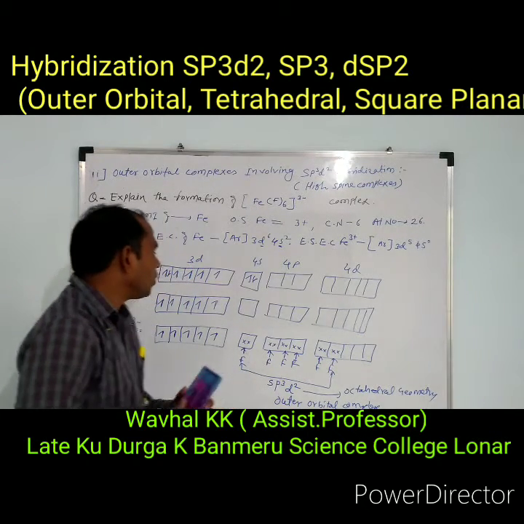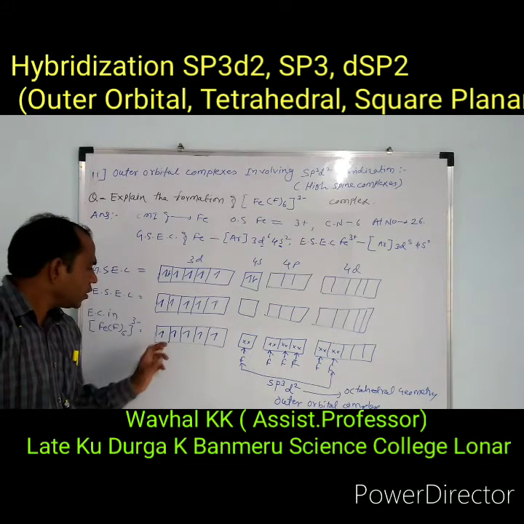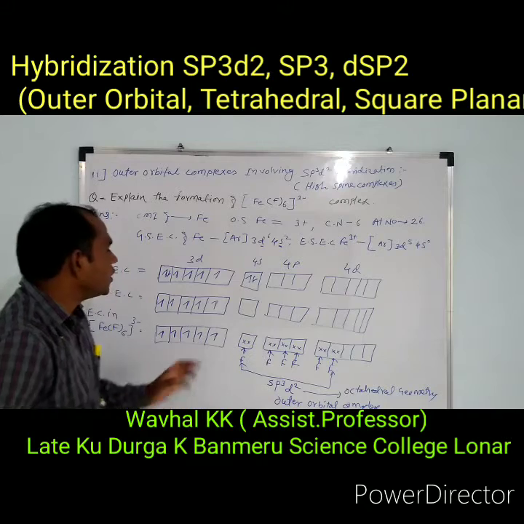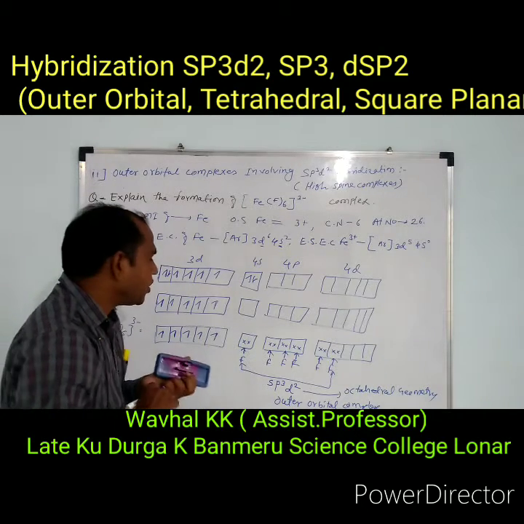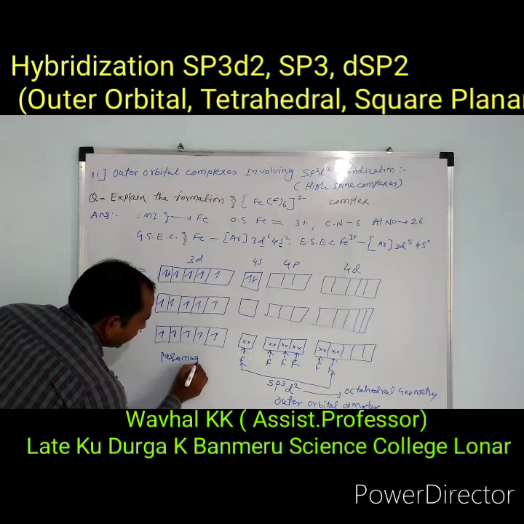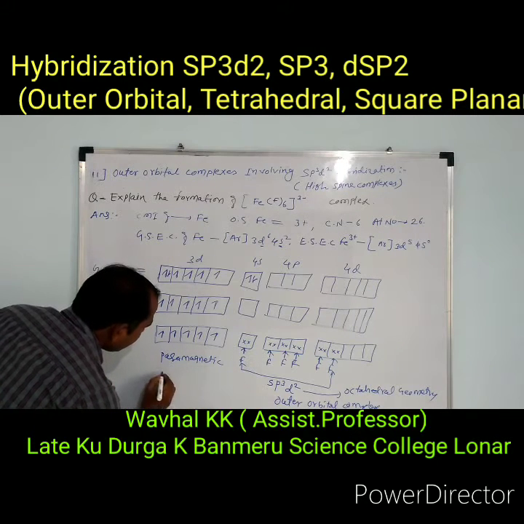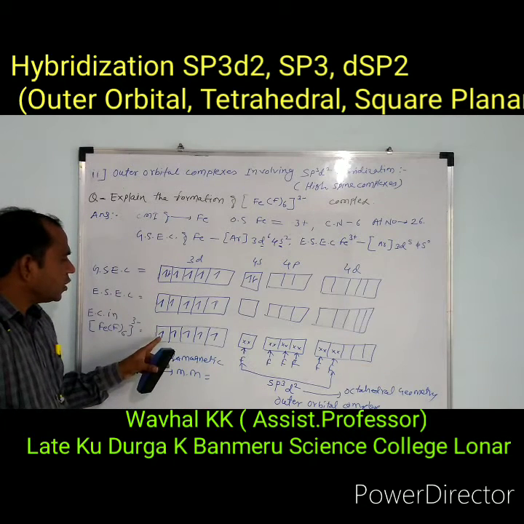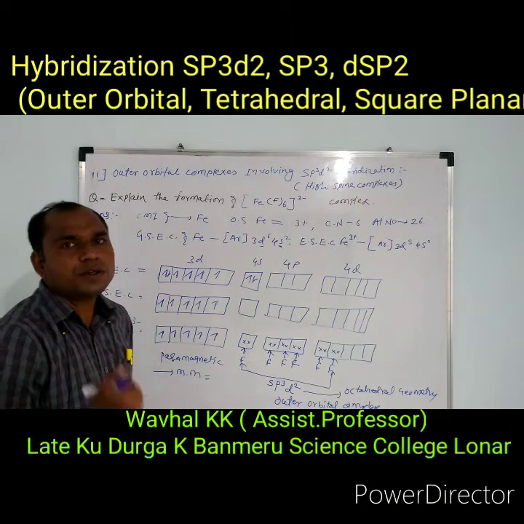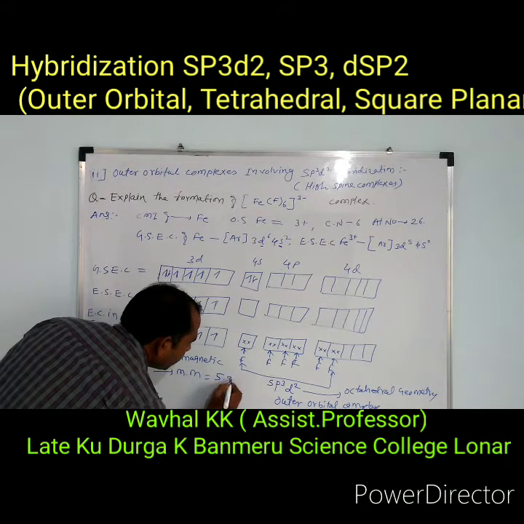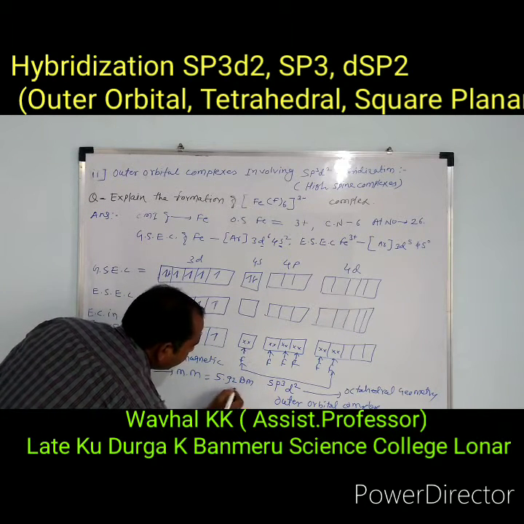And the magnetic moment: see here, a total of 5 unpaired electrons are present in these complexes. Hence, it has paramagnetic nature. The magnetic moment of these complexes is, for 5 unpaired electrons, 5.92 BM.